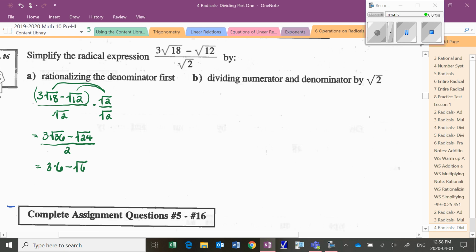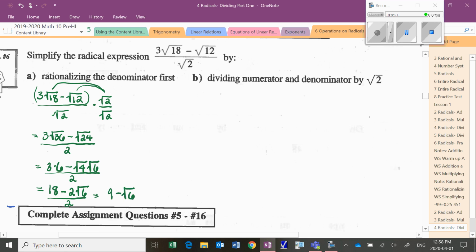Whoops, that would be root 4 times root 6, and that is all divided by 2. And so we're looking at 18 minus 2 root 6 divided by 2. And so to simplify that, we need to divide both terms by 2, which is then 9 minus root 6 then.